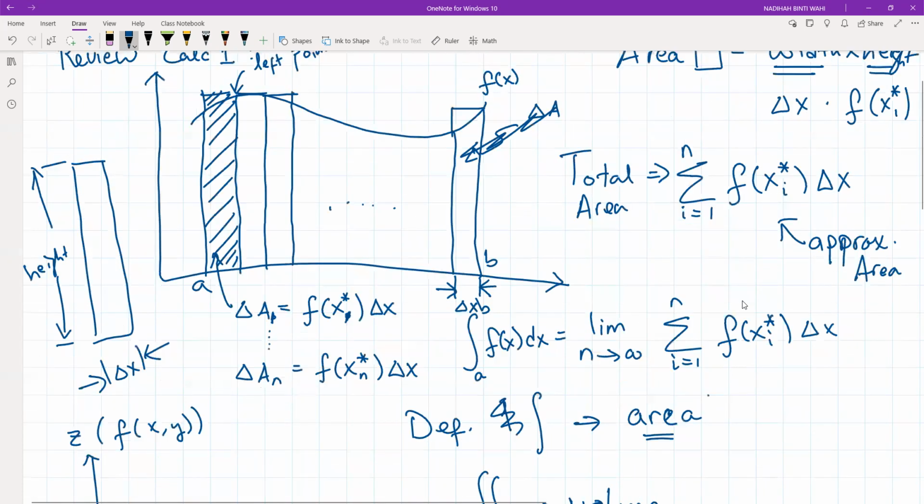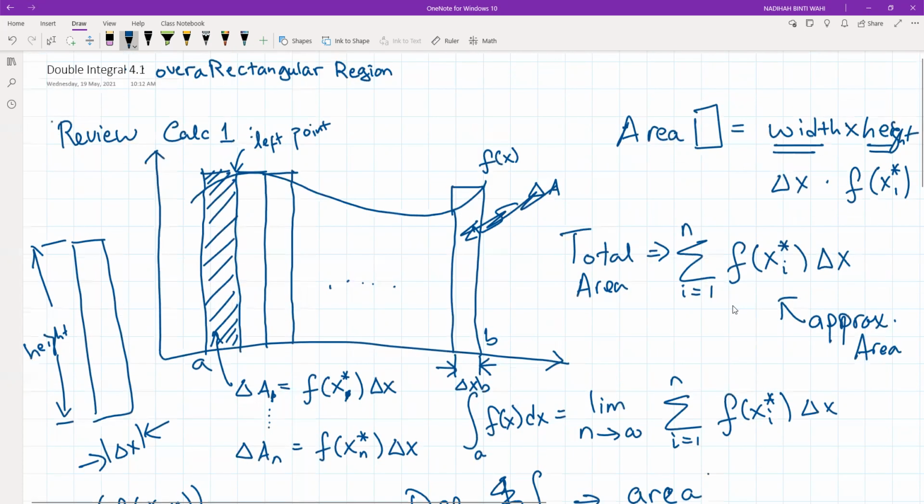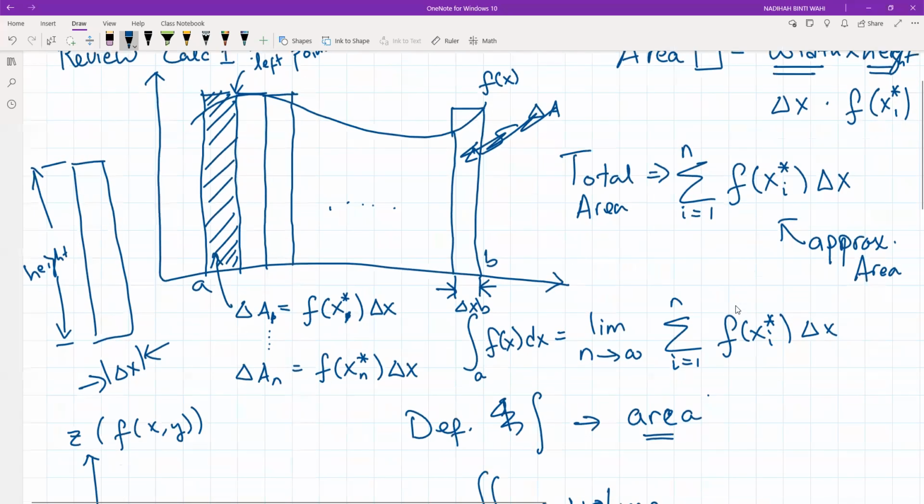The same thing if you go back to the one variable case. For one variable, delta X is always the same, it doesn't change. But f(x star) always changes according to your curve. So f(x), let's say f(1), f(2), f(3), is not the same as f of 1 and so on. It depends on the curve f(x).